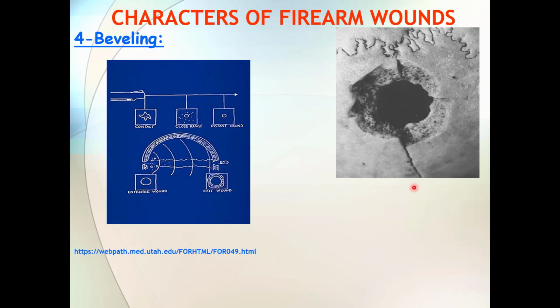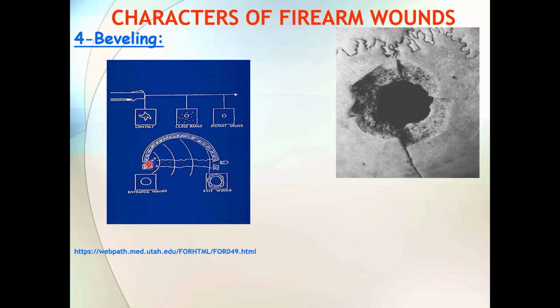The fourth character is beveling. What is the meaning of beveling? Beveling occurs in flat bones, such as the skull, sternum, scapula, hip bone, and this depends on two layers, outer table and inner table. When the bullet passes here, the outer table is supported by the inner table. So the opening at the outer table is smaller than at the inner table.